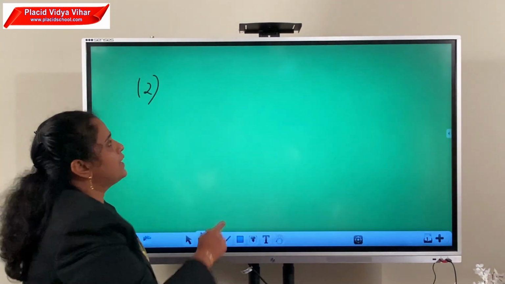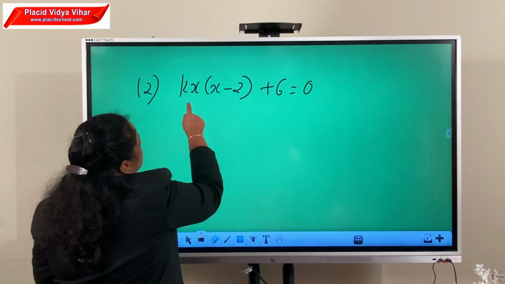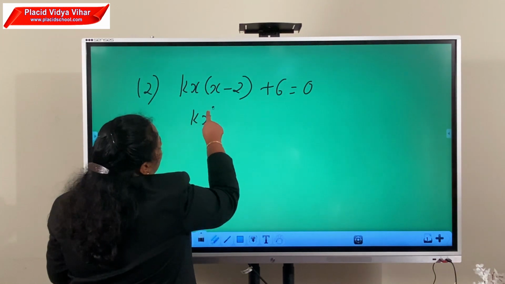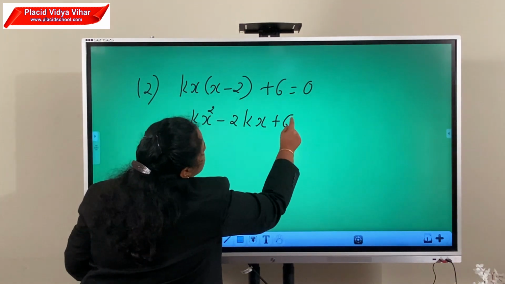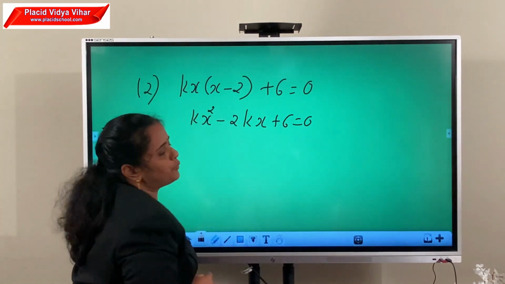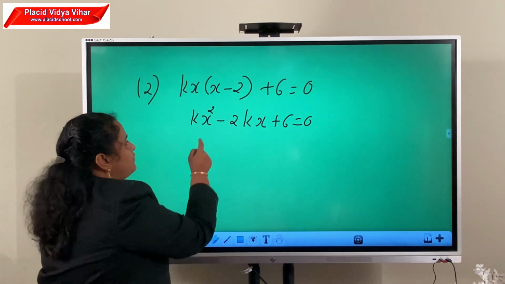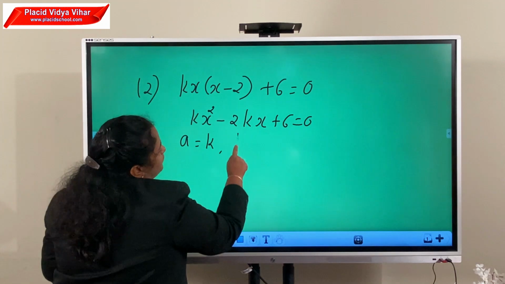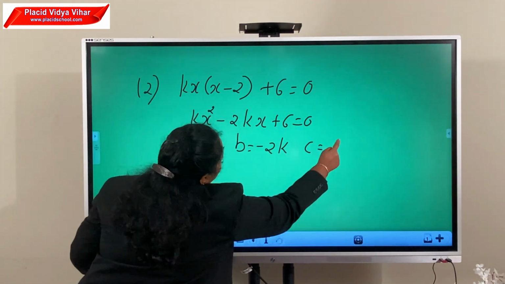Question number 2, kx into x minus 2 plus 6 equal to 0. First you should expand this, that is multiply each term by kx: kx square minus 2kx plus 6 is equal to 0. This equation can be written in the form ax square plus bx plus c equal to 0. Then a is the coefficient of x square, b is the coefficient of x, and c is the constant term.